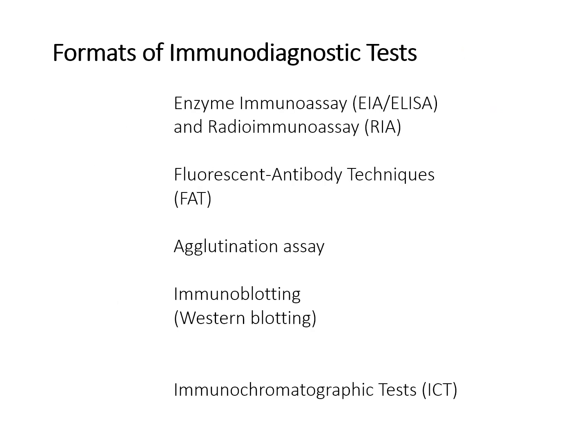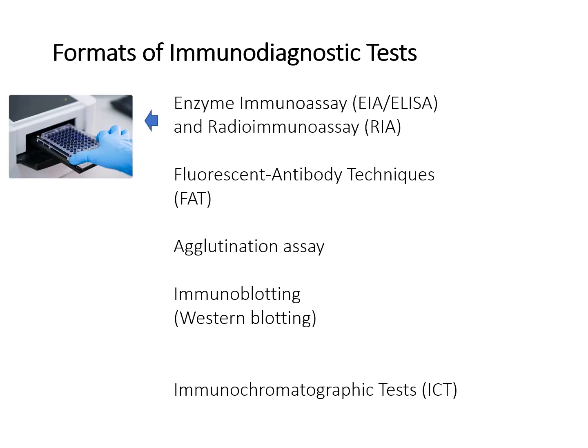If you remember, these are the same slides given during your year 2 class where I mentioned different formats of immunodiagnostic tests. The first one is the enzyme immunoassay, or ELISA, EIA. In the old times when radioactivity was used, it was called radioimmunoassay. This is how ELISA looks like.